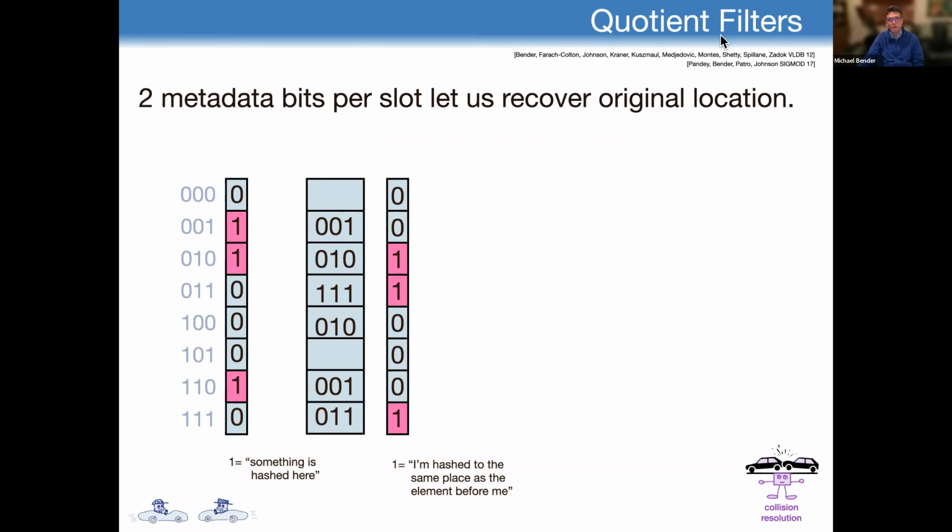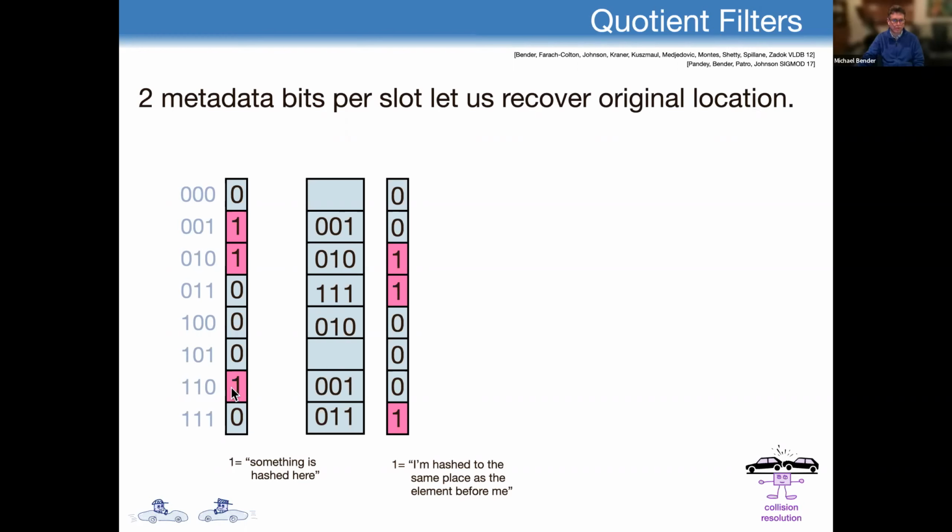What I'm going to do now is talk about the particular form of collision resolution that was used in quotient filters, which is a particular kind of filter. And I'm going to show that if we use 2 metadata bits per slot, then we can actually recover the original location of every element.